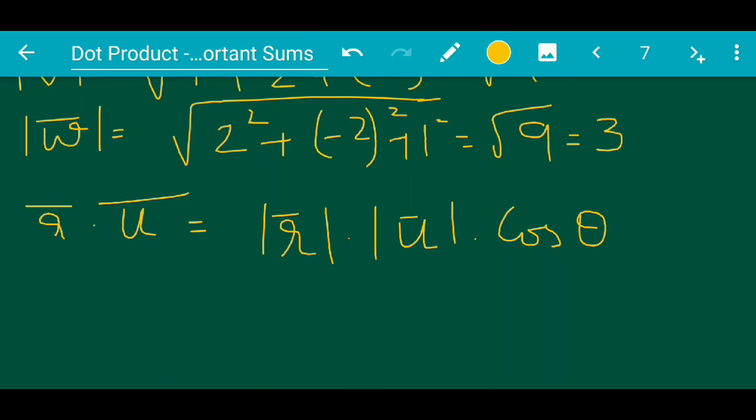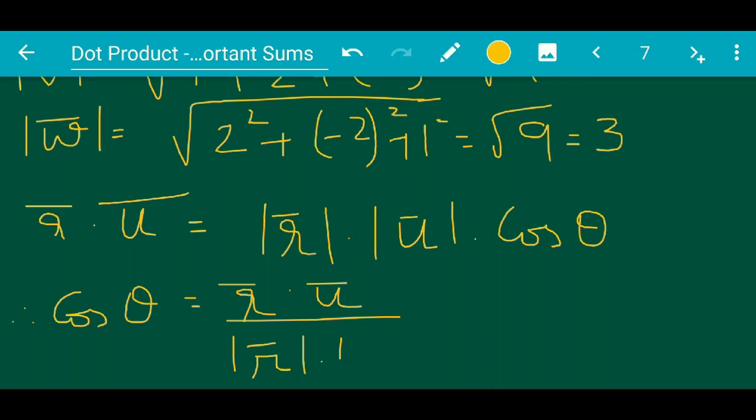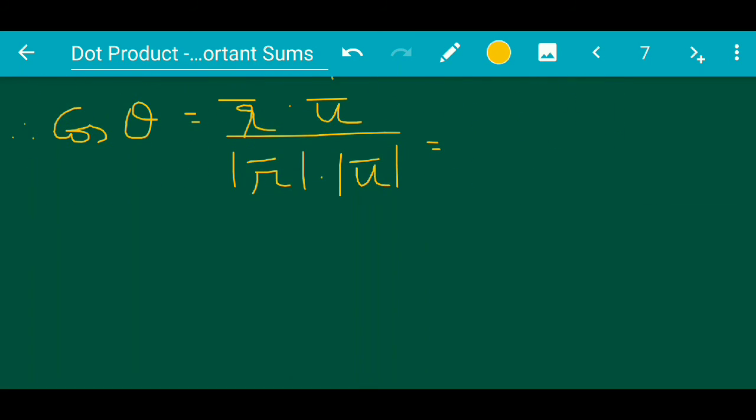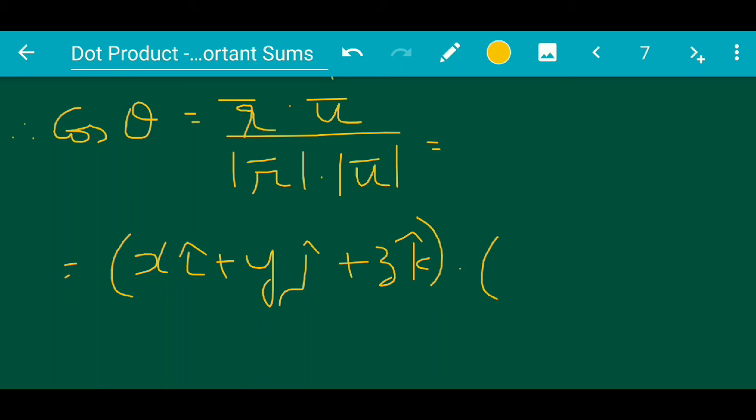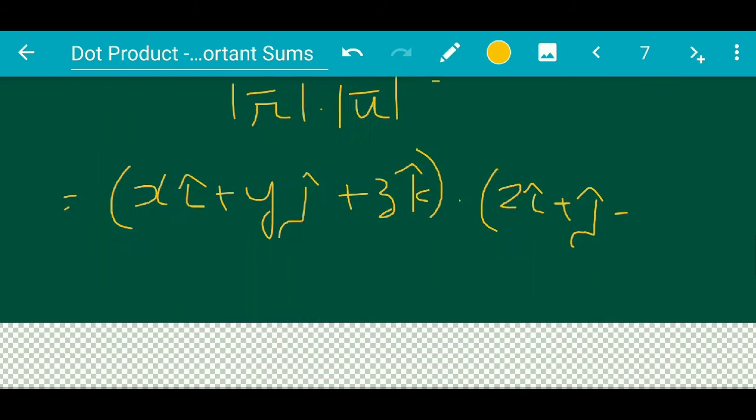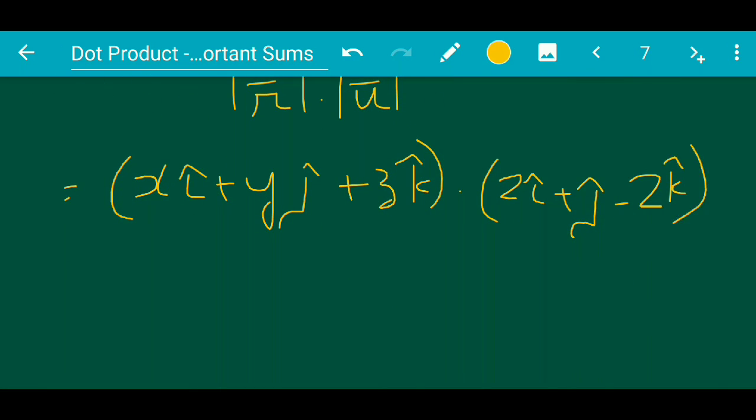Okay. So here in this case, we say that cos theta is equal to r dot u upon mod r dot mod u, which comes out this way. That is, r is actually, we are taking it as xi plus yj plus zk dot u which is 2i plus j minus 2k upon mod r into mod u, that is 1 into 3.